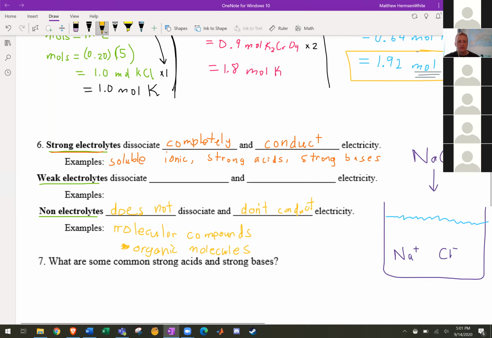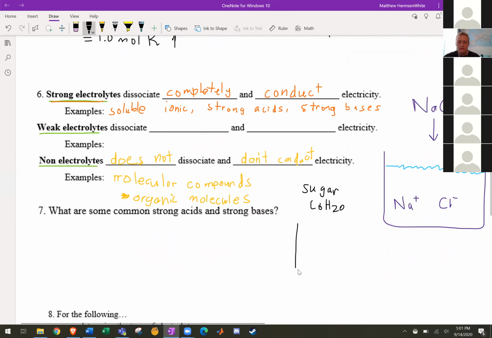Now, I'm going to draw a little picture here. Imagine you took sugar, which is like C6H20 or something like that. So it's carbon and hydrogen. It is a molecular compound. When you put this in the water, it is still that same molecule.